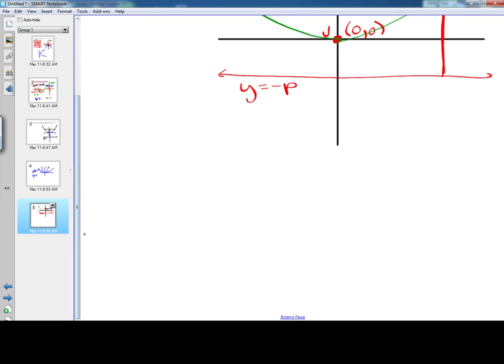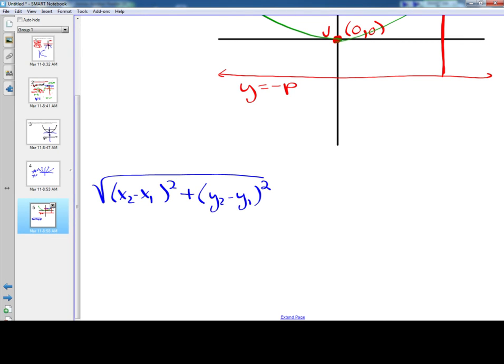Blue. So I know that the square root of x sub 1 minus x sub 2 plus y sub 2 minus y sub 1. You guys remember that? X sub 2 minus x sub 1, y sub 2 minus y sub 1. Correct? That's the distance formula? Yeah.